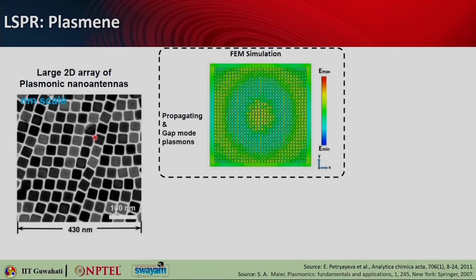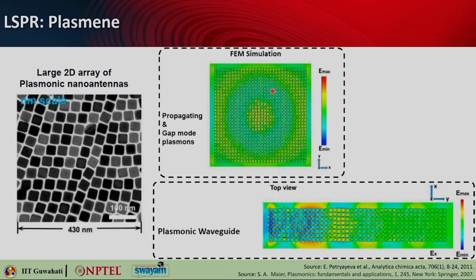So it is like a sheet, a sheet of nicely packed nanoantennas, and you can get these propagating plasmon modes. You can also cut these sheets in the form of waveguides, and you can find surface plasmon propagation along the edges and along the center of the nanoribbon.